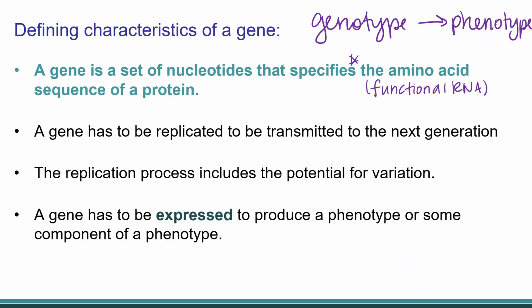And then lastly, a gene has to be expressed. So we're going to talk about how this process of gene expression actually takes place. And if we're going to build a protein, there are two steps to this process. The first step is transcription. And then the second step is translation.